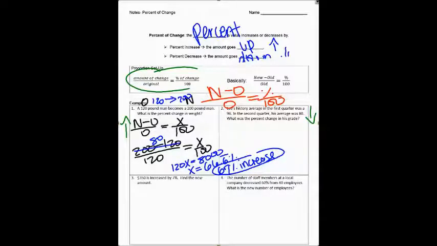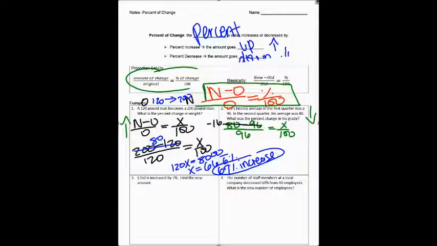Again, follow that: new minus old over old. N-o! So we have 80 minus 96 over 96 equals x over 100. 80 minus 96 is just negative 16.